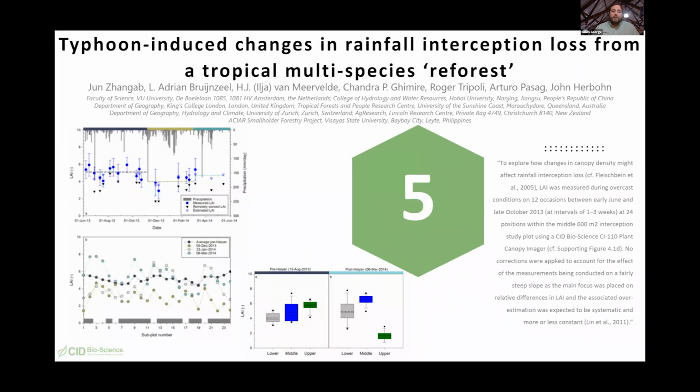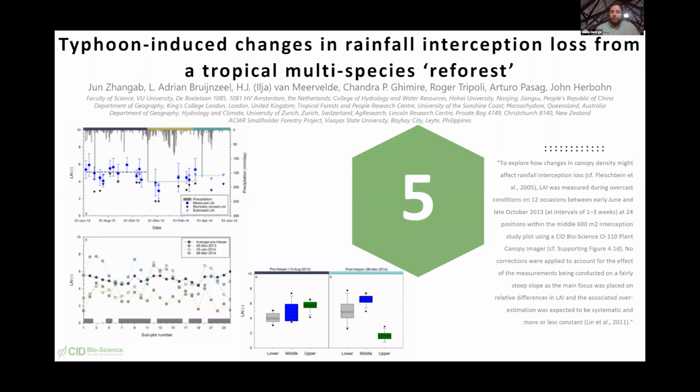So the fifth study that we looked at is also a forestry application, but on the ecology side of things. Essentially, this study was investigating how, after a typhoon, Haiyan, I believe it was, in the Philippines, hit, there was a reforest that they were already planning on looking at, to see how that forest was influencing the water retention and streams and things like that.